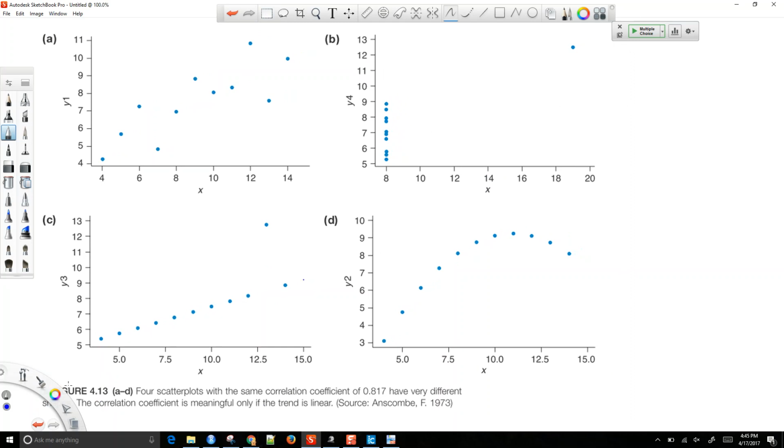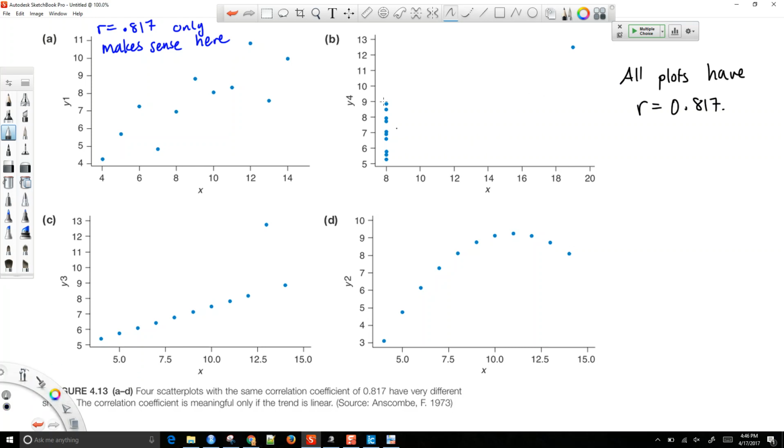So all plots have r equal to 0.817. However, the correlation really only makes sense for this plot, okay? So r equal to 0.817 only makes sense here. Here's a linear relationship.